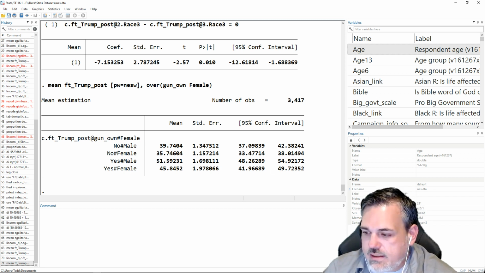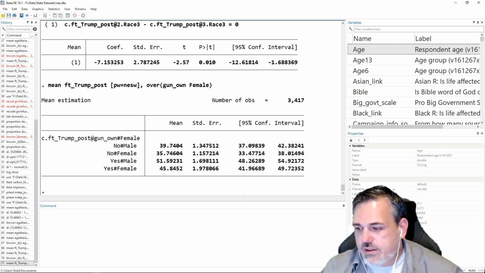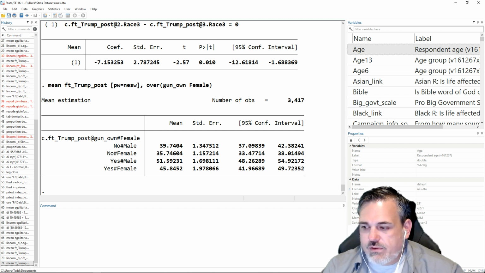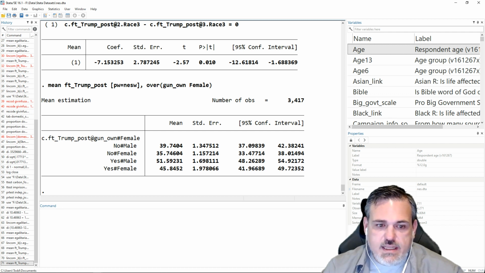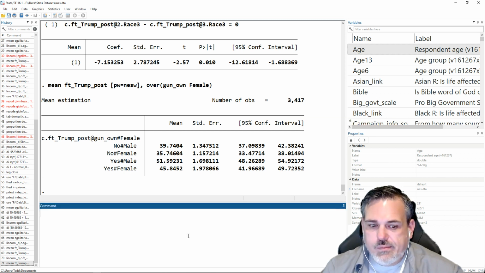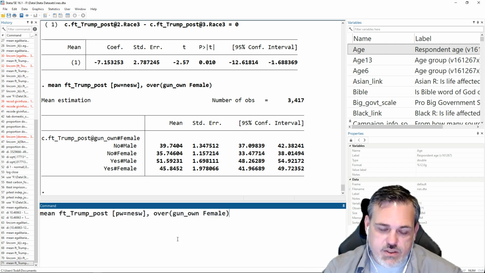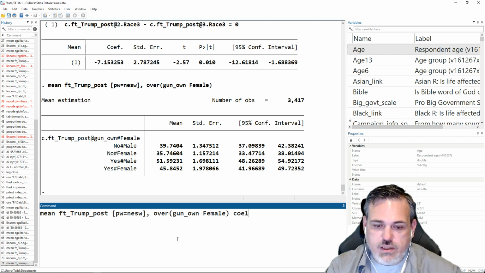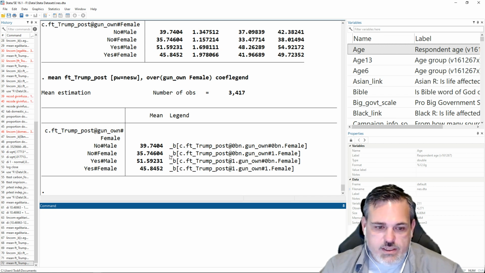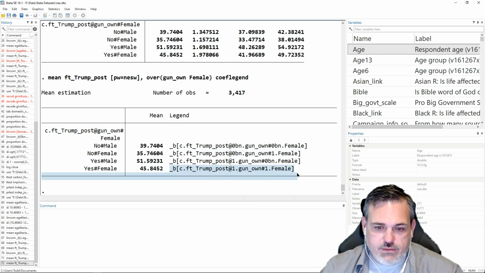Well, let's say we want to look at the difference between females who own guns and females who don't own guns. Let's say that's something we want to assess, whether the means of these are statistically different. So the only thing we can add is coefficient legend, and we want to subtract that from that.